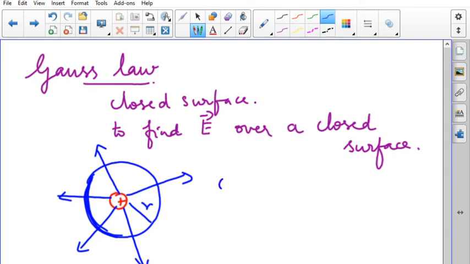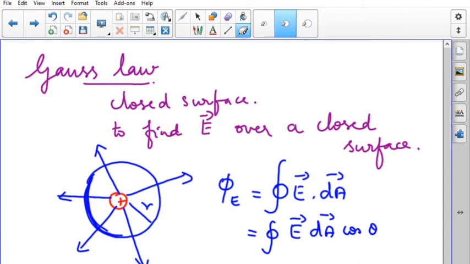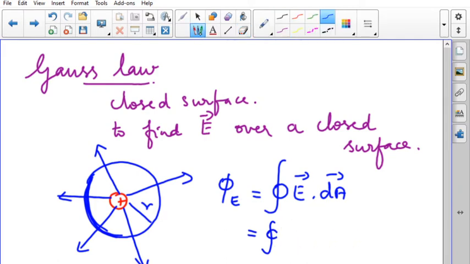How can we write it? Phi E is equal to the integral of E dot dA, which is equal to the integral over a closed surface of E dA cos theta.